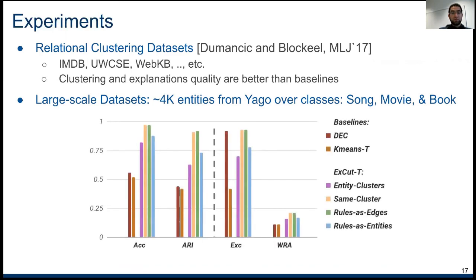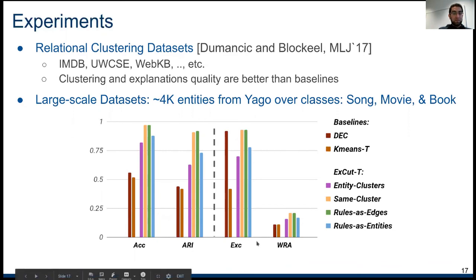The following figure shows the performance of different configurations of ExCut with TransE compared to the baselines in brown, except for relational clustering, which did not scale for such a large dataset. On the left side of the figure, we can see the clustering quality, and on the right side, we can see the explanation quality.